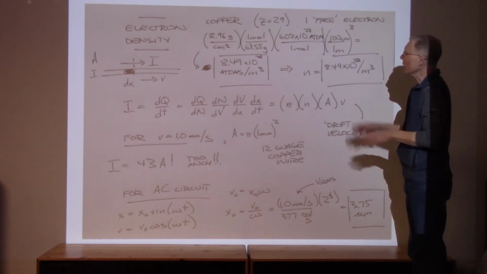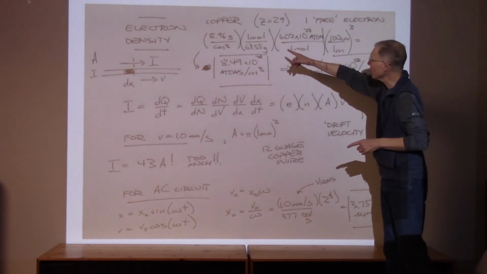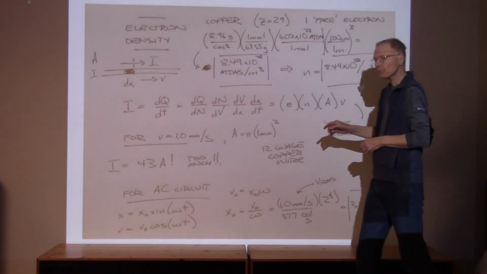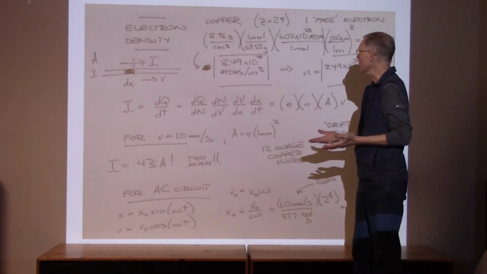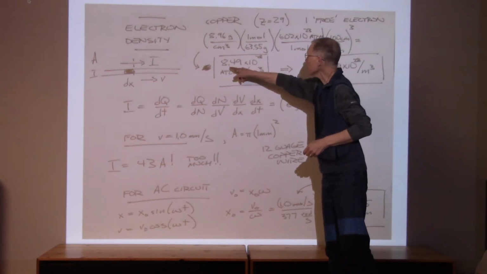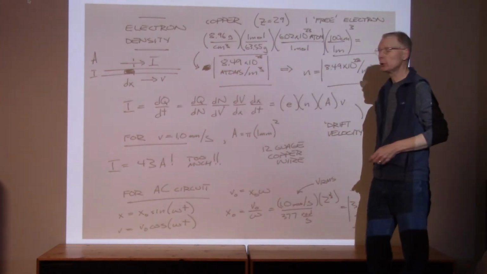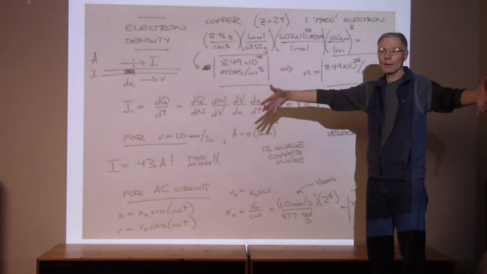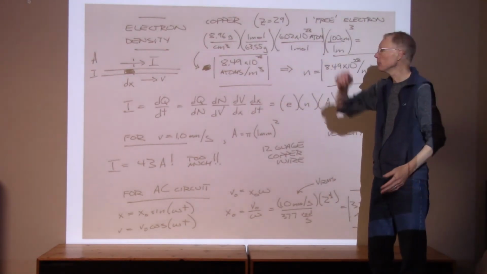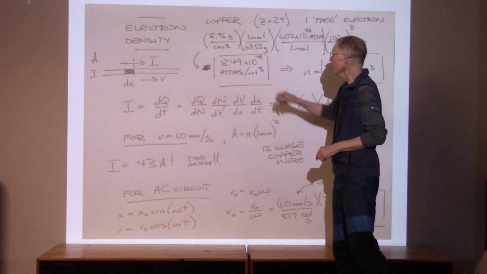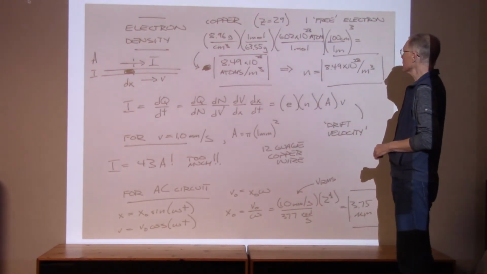When I combined all these together and made sure all the units canceled out, what I ended up with was, in a piece of copper, there are 8.49 times 10 to the 28th atoms for every cubic meter. Now, cubic meters, that's a lot of copper, right? But there's 8.5 times 10 to the 28th electrons.